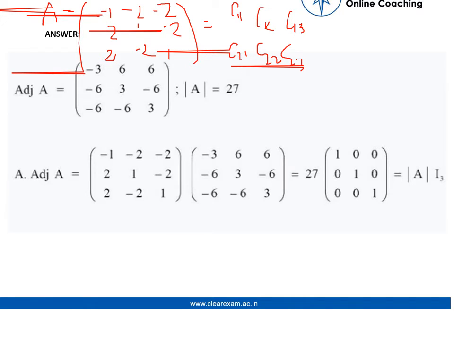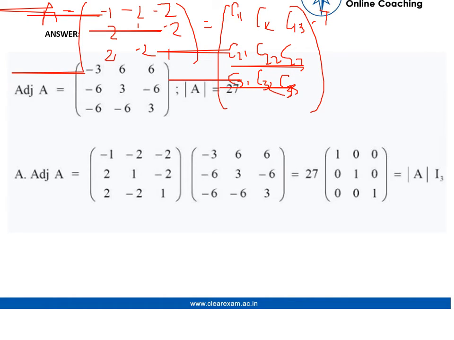Similarly, C31, C32, and C33, multiplied by the transpose of the matrix.